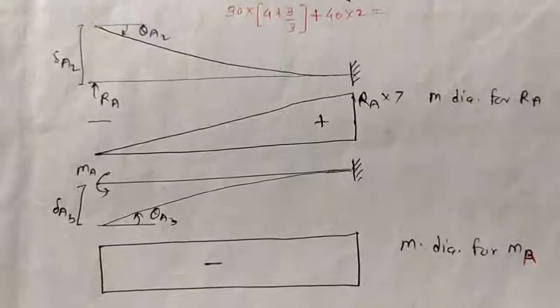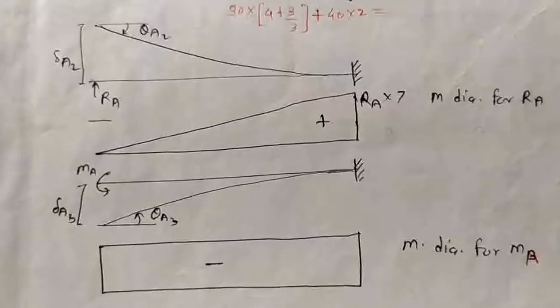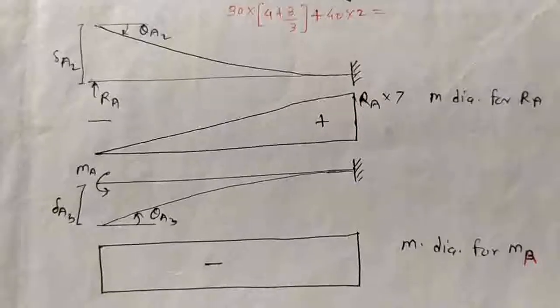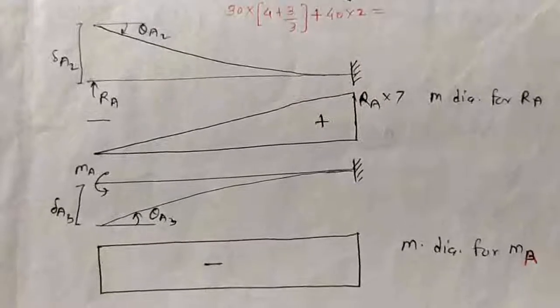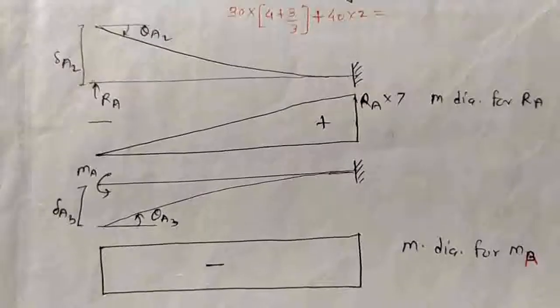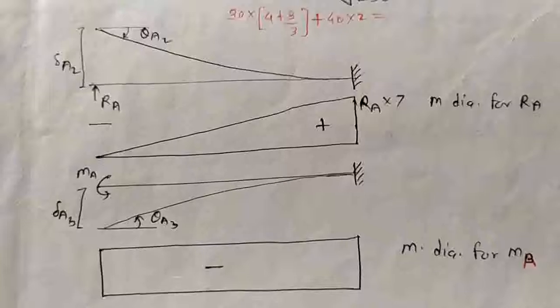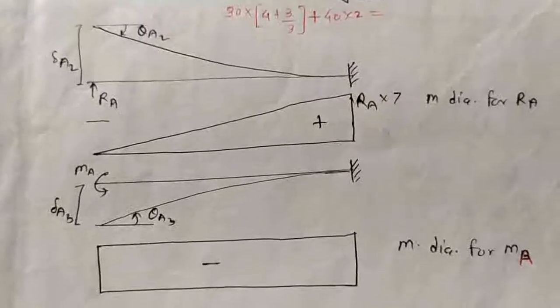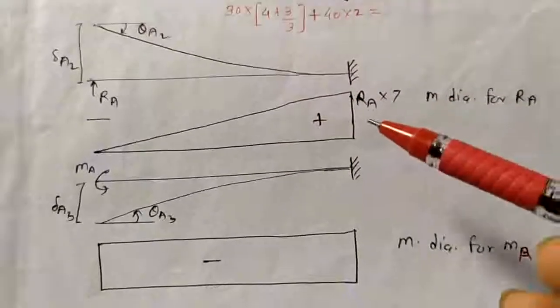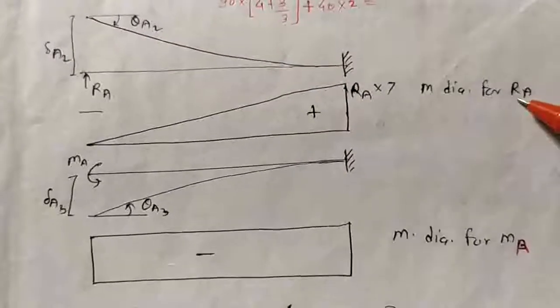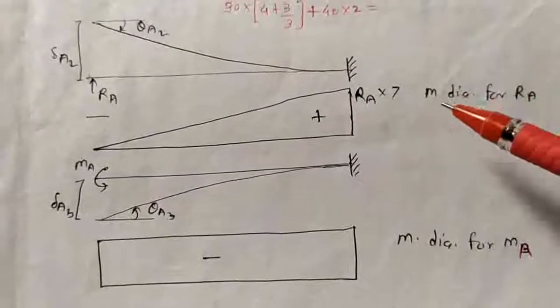So always keep in mind that delta and theta always have opposite directions. You have to keep in mind the sign convention only for a single unknown. So I will consider here RA as the force. For force, consider only the displacement.